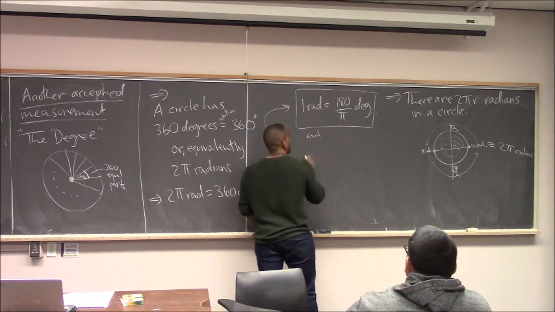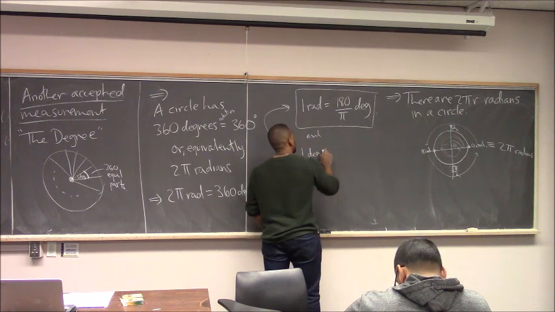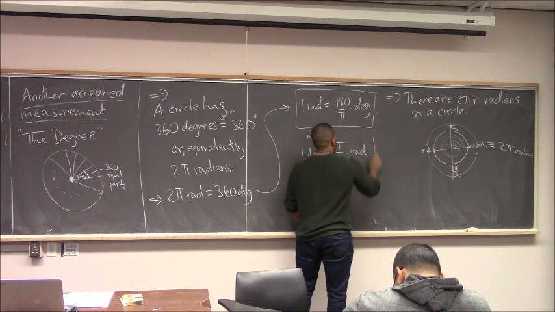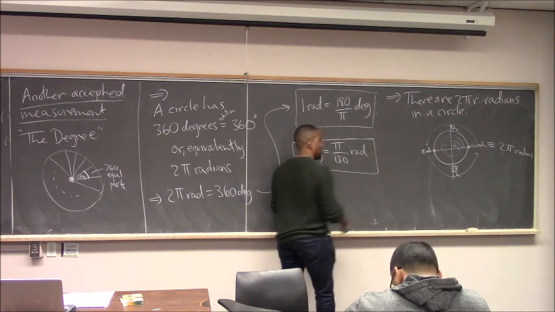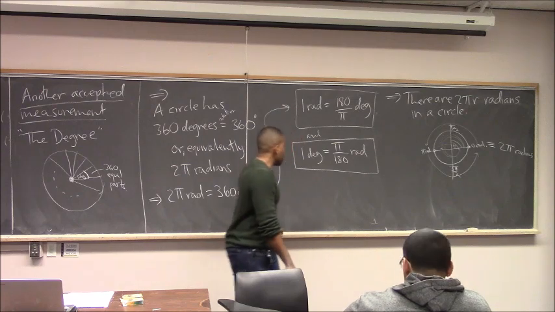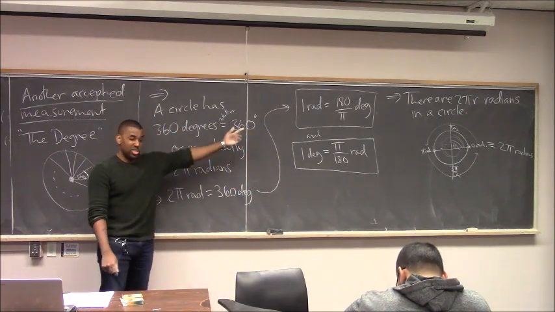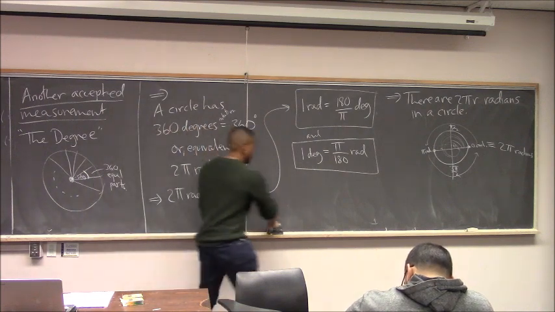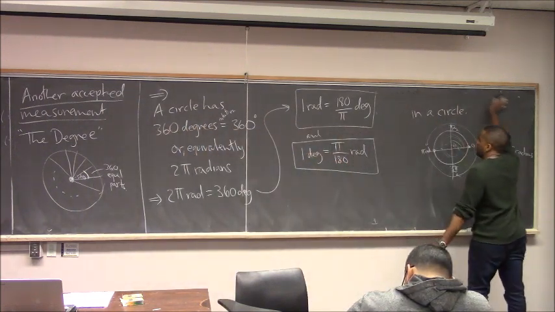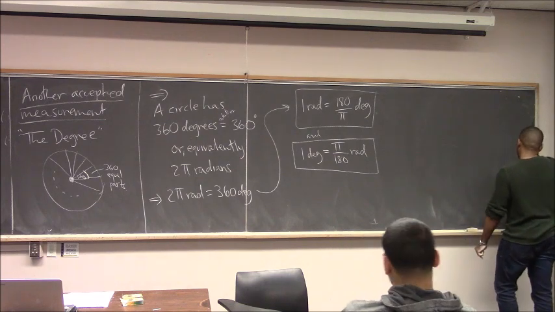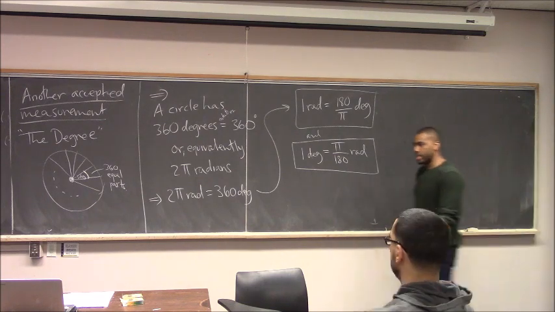And we end up with 1 degree being pi over 180 radians. These 2 equations are very important. We'll actually use it in the future. So normally if you want to convert from 1 unit of measuring the angle to another unit, you can use these 2 equations. It'll be quite a few sections before your textbook introduces this, but it's kind of low-hanging fruit to actually get it now.